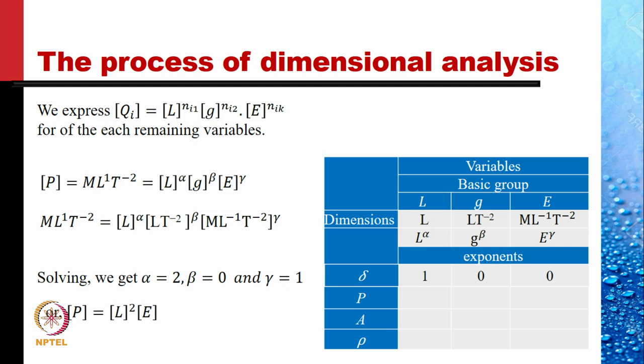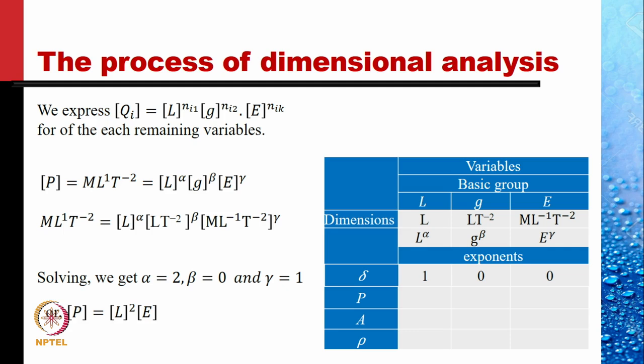Now let's look at the dimension of T. T is minus 2 on the left-hand side. On the right-hand side it is minus 2 beta, minus 2 gamma. Minus 2 beta from the dimension of G and minus 2 gamma from the dimension of E. So minus 2 on the left-hand side, the power of T, should be equal to minus 2 beta minus 2 gamma.